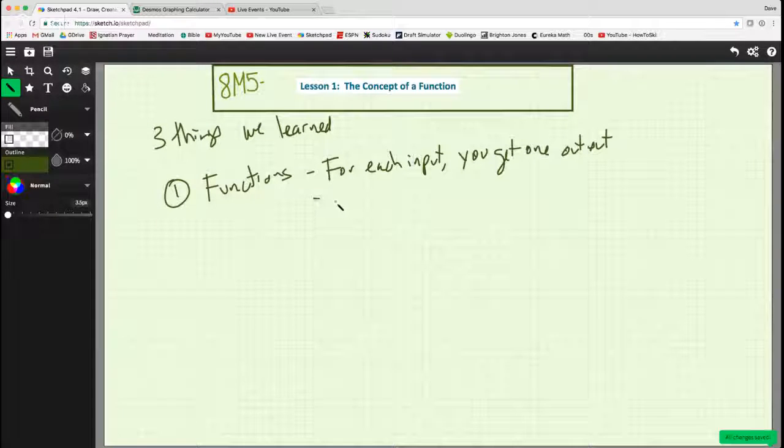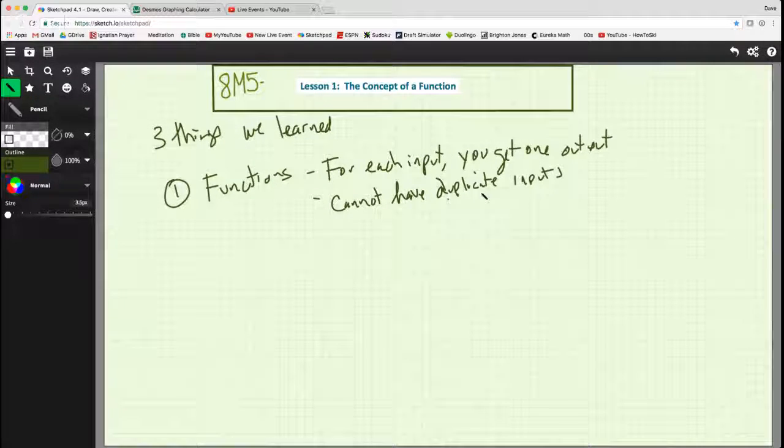You cannot have duplicate inputs, but you can have duplicate outputs.